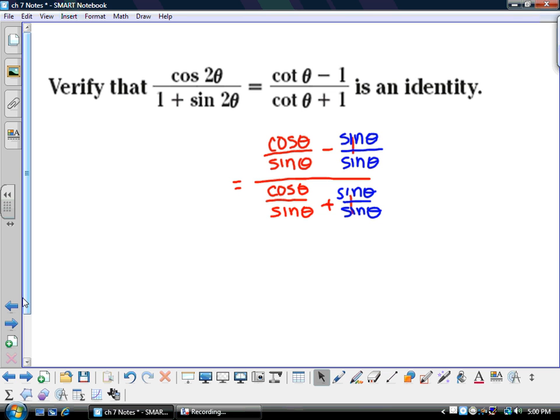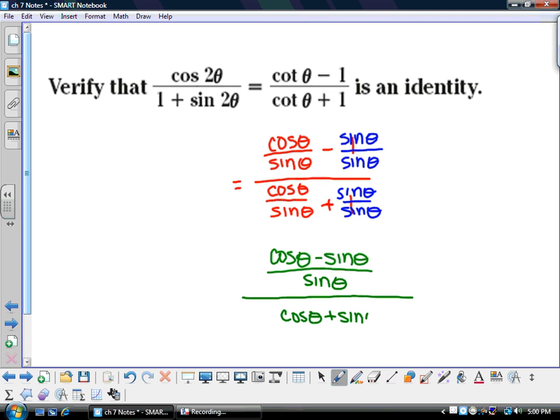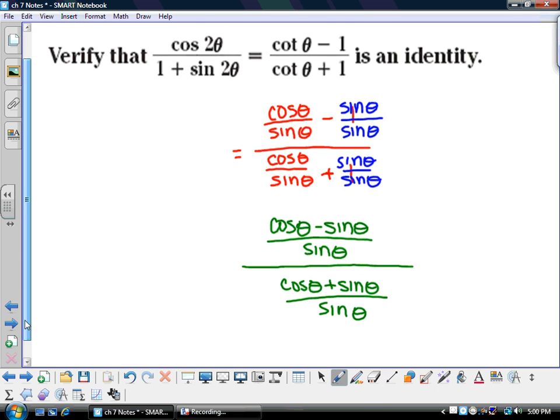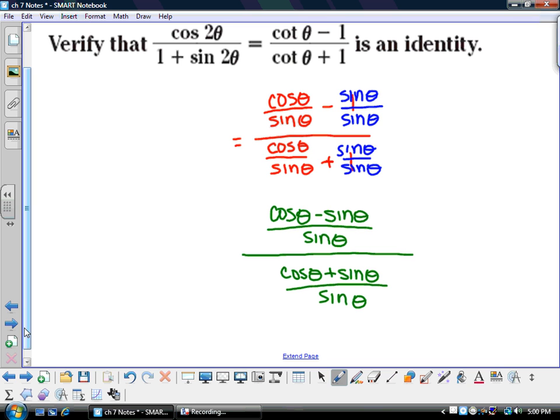So as all one fraction, the top would be cosine minus sine over sine. And the bottom would be cosine plus sine over sine. To get rid of the fraction within a fraction, I'm going to flip and multiply.